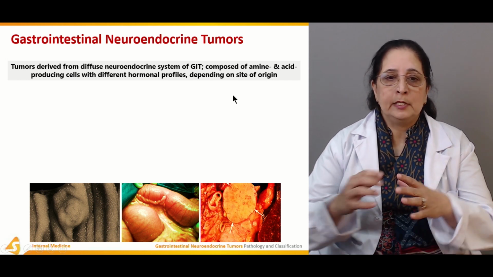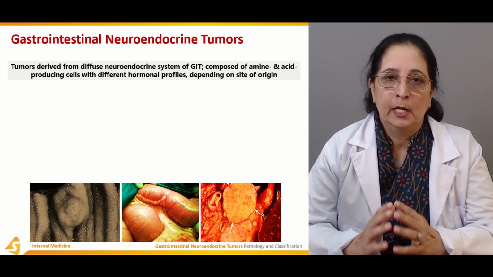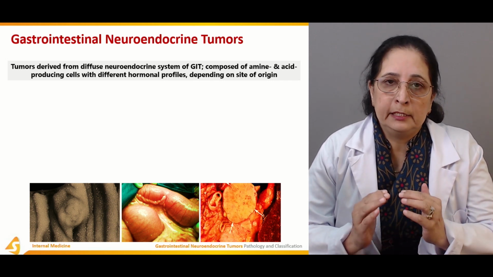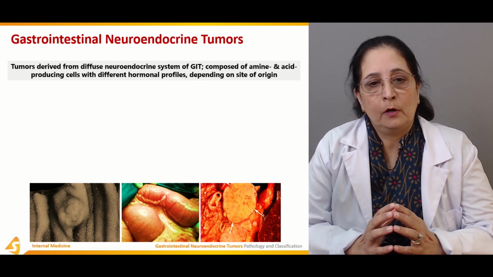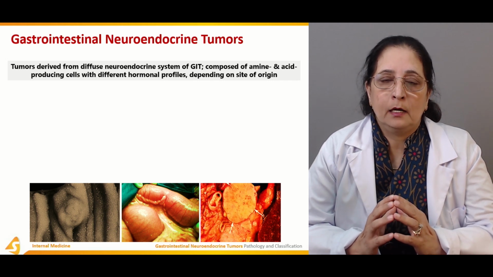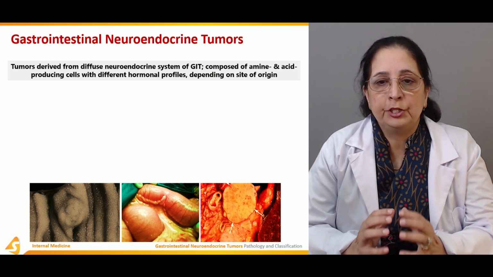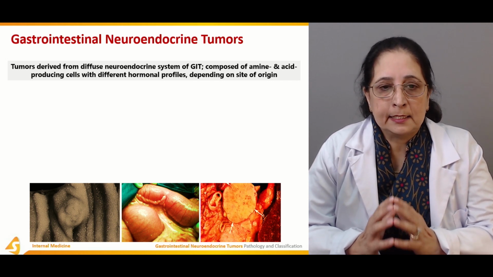As the name shows, they develop from the neuroendocrine system of the gastrointestinal tract, and they are composed of cells which produce amine and acid.